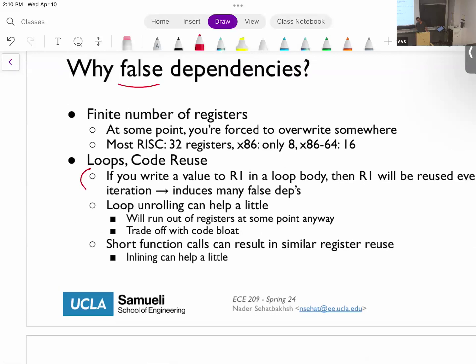I mean, assuming the first time the loop is called, it will finish before you run out of registers. It might, but you never know. If you have a complex loop, you might have many registers inside. Or if you have function calls within function calls, you need to reserve some registers.